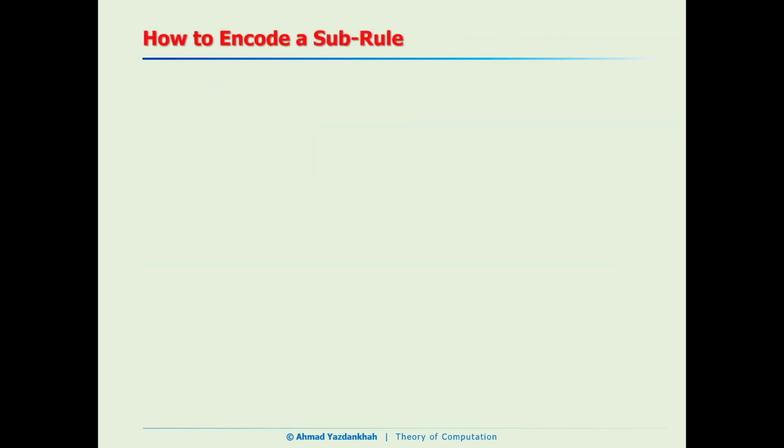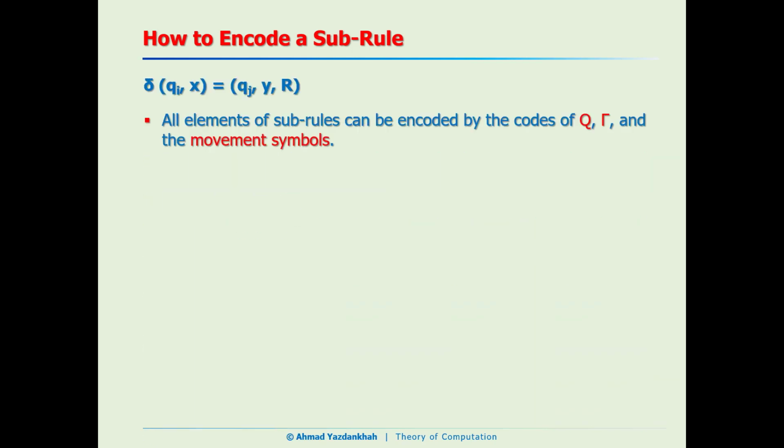Now the question is how to encode a subrule. As you see, the subrules have this syntax. We need to invent a new syntax for our encoding. We will be using the same syntax, but we just remove the parentheses and the equal sign.